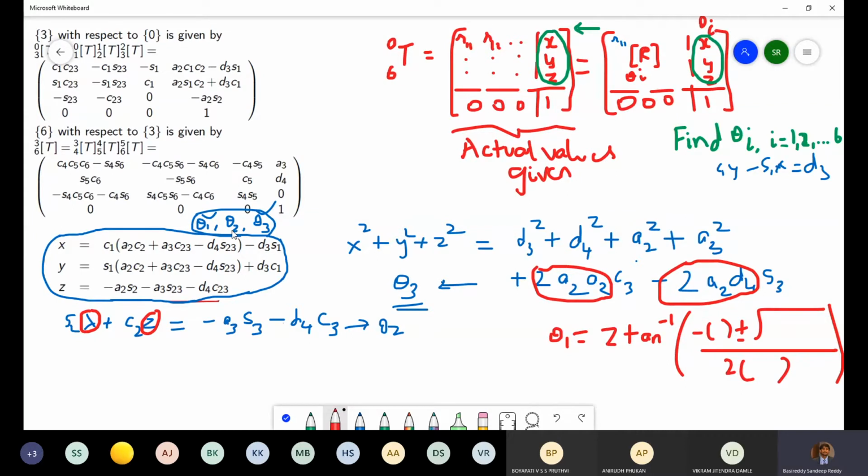Plus or minus, 2 tan inverse will be, okay, yes, this 0 to minus 2 pi. Something like this.